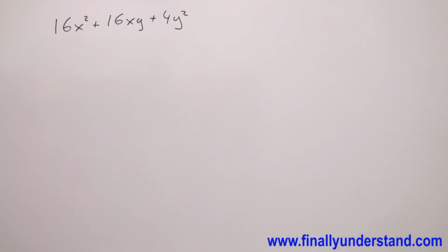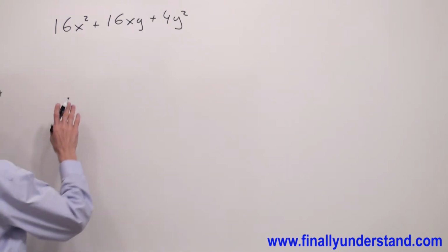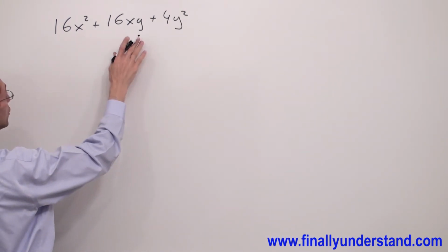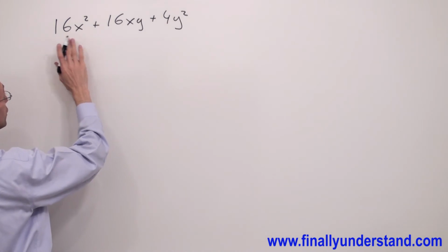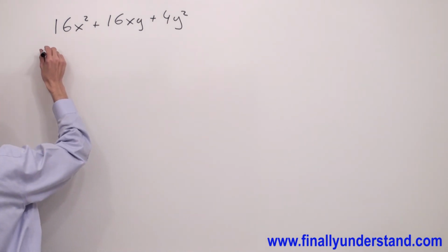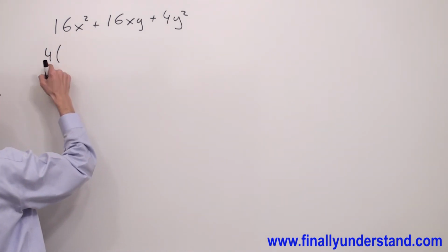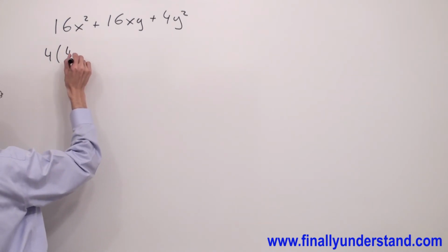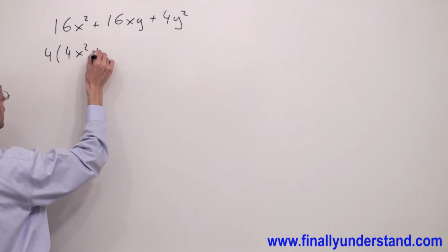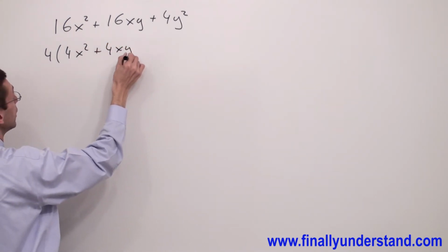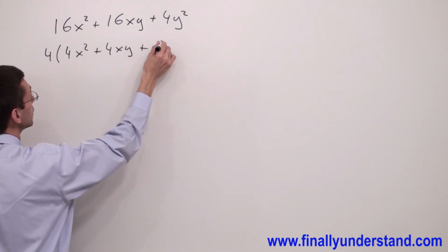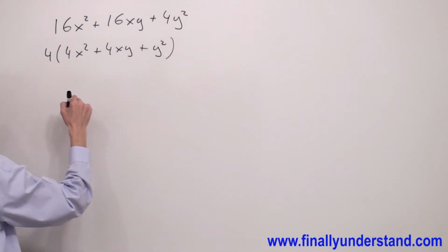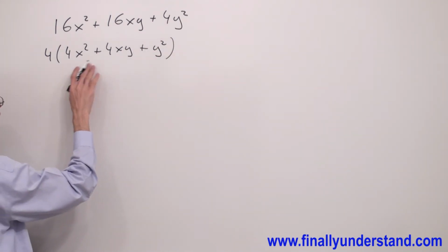Let's take a look at the second example. First, we have to factorize the common factor. The common factor for these three terms is 4. That's why I'm going to write 4 at the front of the parentheses, and inside of the parentheses I'm going to write 4x squared plus 4xy plus y squared. Now, let's take a look at what we have inside of the parentheses.